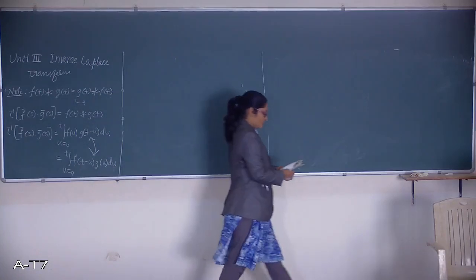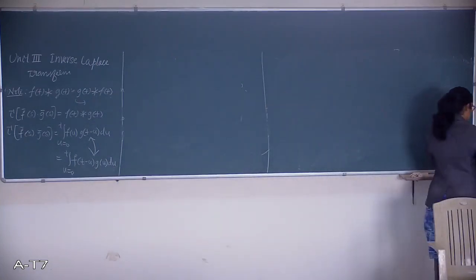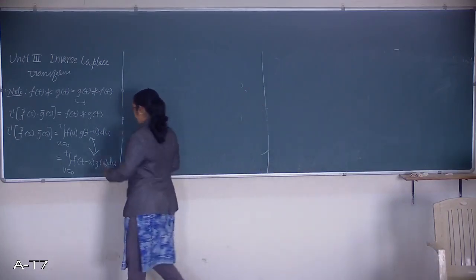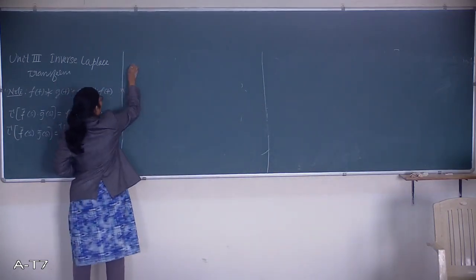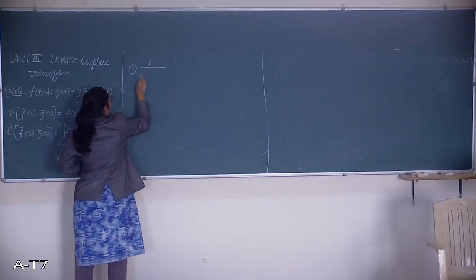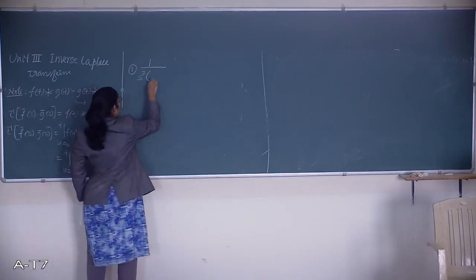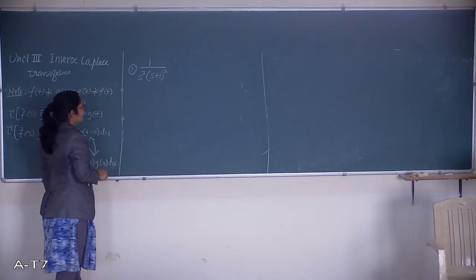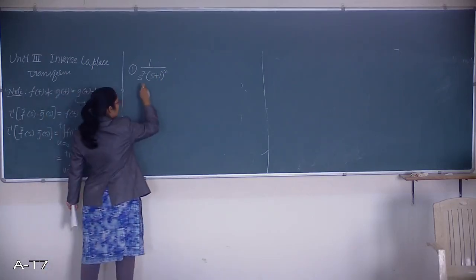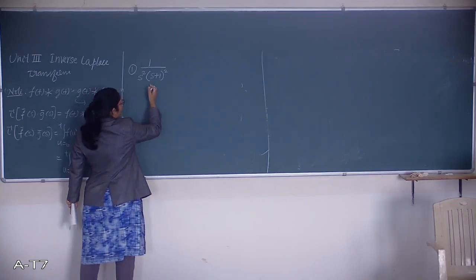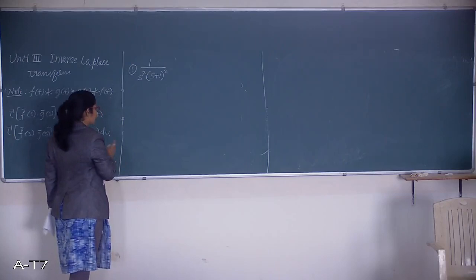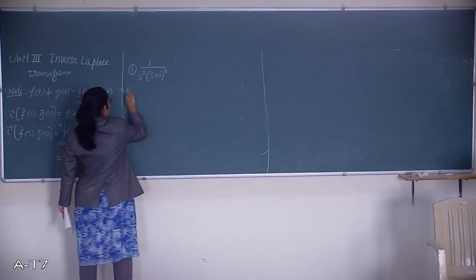So now let me solve an example based on this. One upon s square into s plus 1 bracket square. See here, this cannot be solved easily by partial fraction. Very lengthy it will become, but by the convolution theorem it will be very easy.